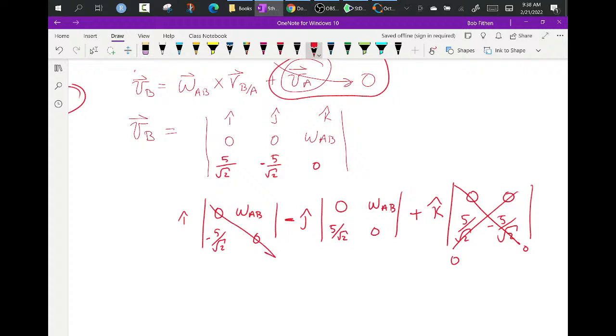So if you want to write it out, you get 0 and then you get minus whatever that is, which is a minus already.